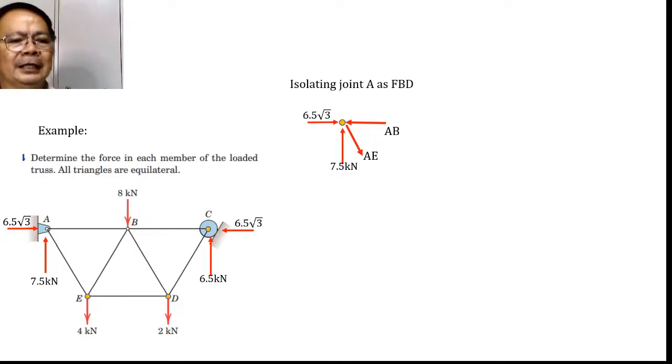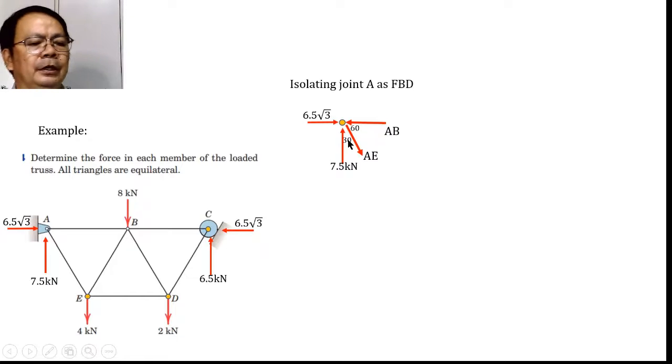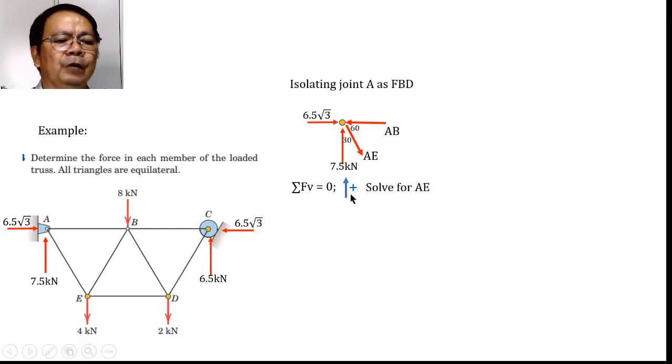So ituloy na natin. We now analyze and we solve for AE and AB. Ipakita natin itong mga angles na ito. That angle must be 60 and the other one will be equal to 30. Now, if we are going to sum up force vertical, we can right away solve for AE. So, we sum up force vertical and assume natin ang force vertical upward is positive. From here, we can solve for AE. So, what will be our equation?